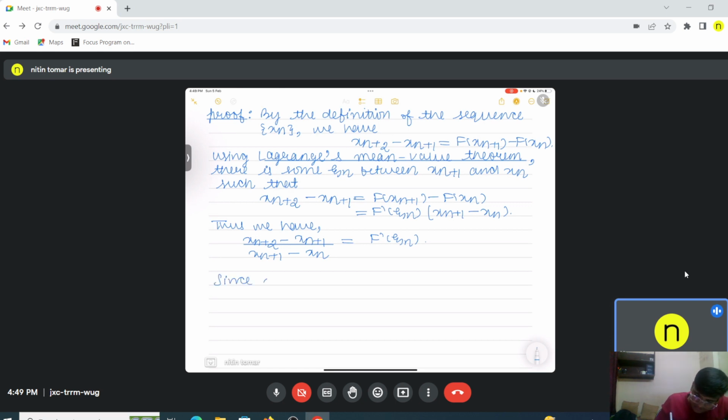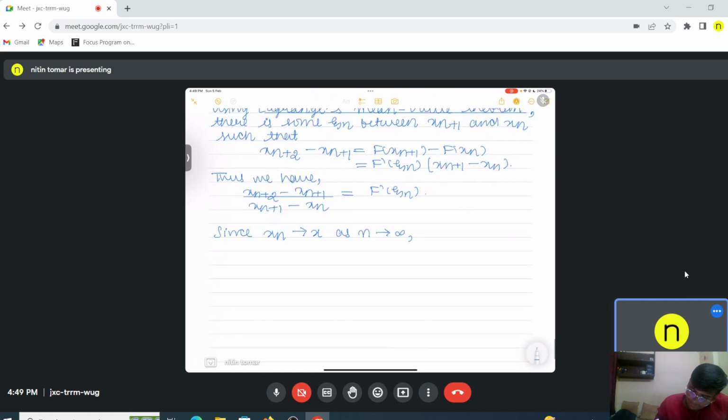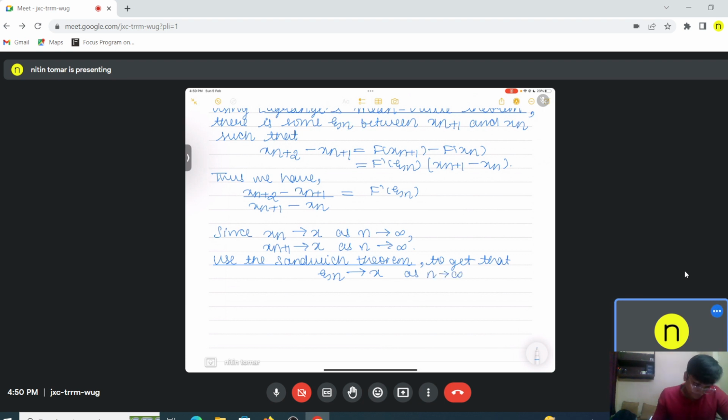Now since x_n goes to x as n goes to infinity, this is given, this will imply x_{n+1} also goes to x as n goes to infinity. Since xi_n lies between x_{n+1} and x_n, we can use the sandwich theorem to get that xi_n goes to x as n goes to infinity.